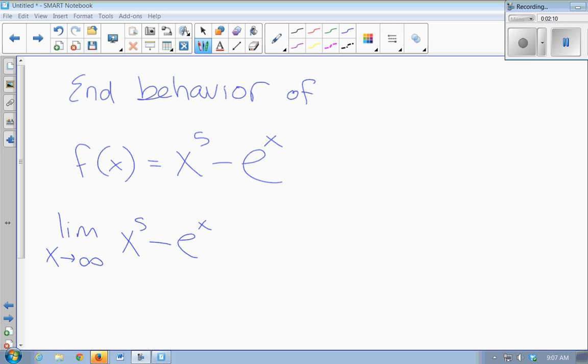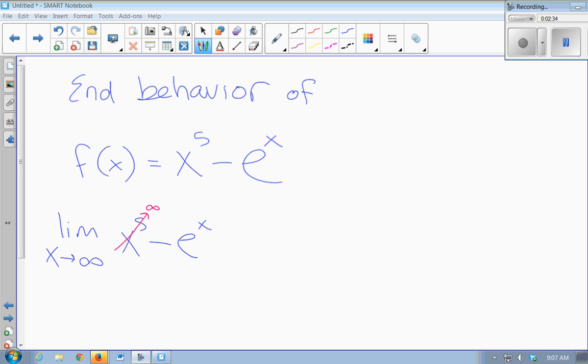Okay, so we have to think about what happens to x to the 5th when x gets really, really, really big. 10, 100, 1,000, 1,000,000, a quadrillion, and then you raise it to the 5th power. What's happening to those x values? They're just getting really, really big. Right, so as x goes to infinity, that goes to infinity.